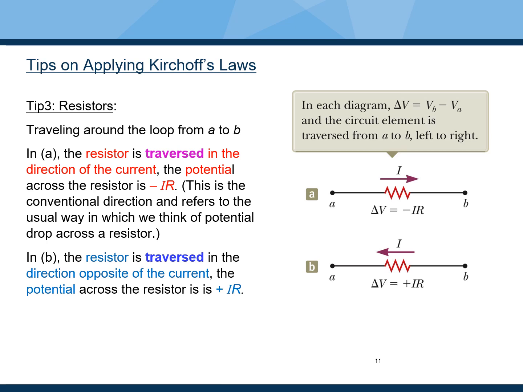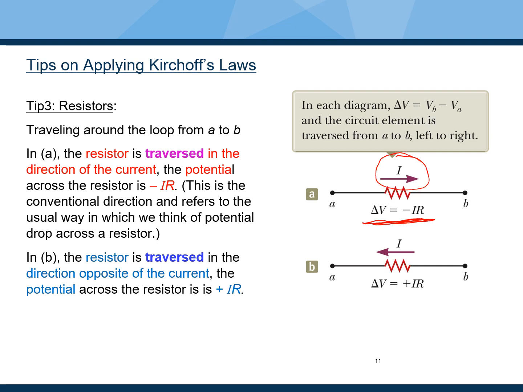In that case, we say that we're traversing the resistor in the conventional direction, and in the conventional direction, the resistor actually provides a voltage drop. So if we're traversing the circuit from the point A to the point B, and the direction of current flow across the resistor has been shown as out here, from left to right, then we actually say that we have a voltage drop across that resistor.